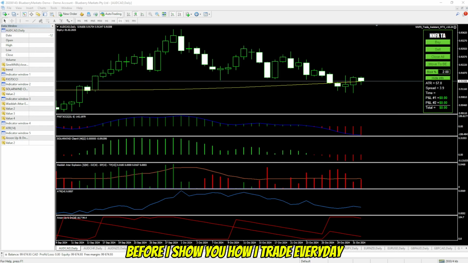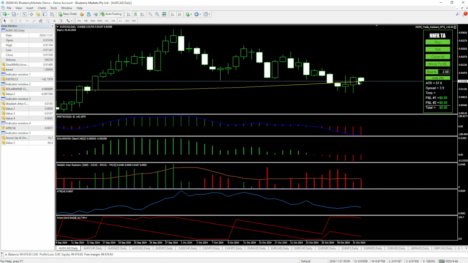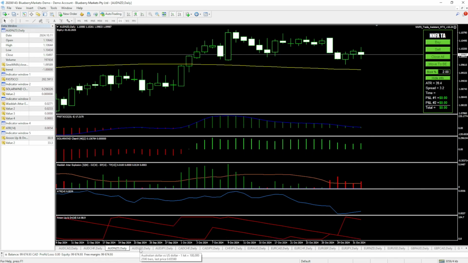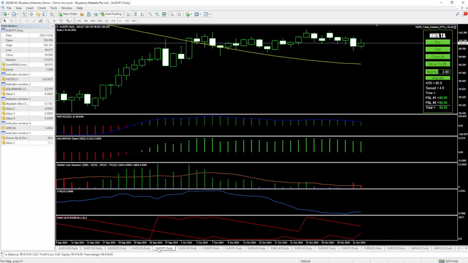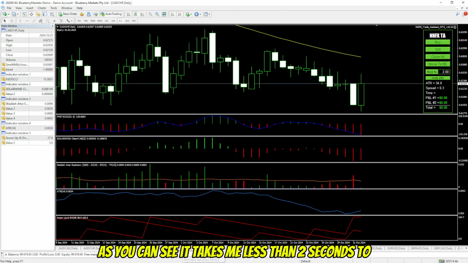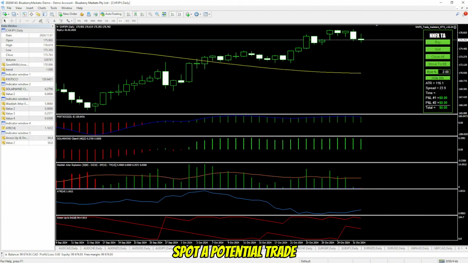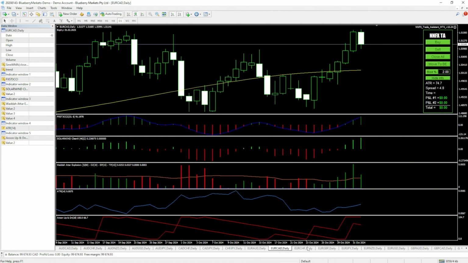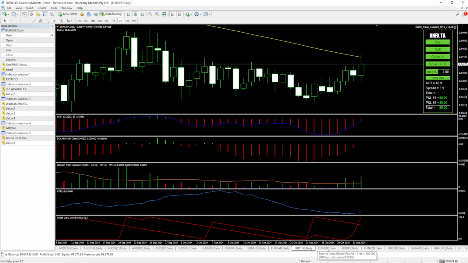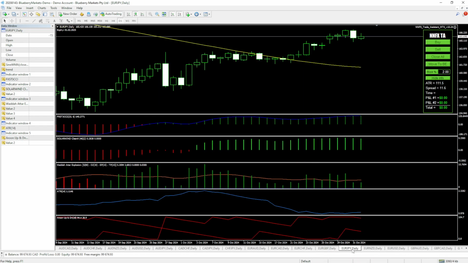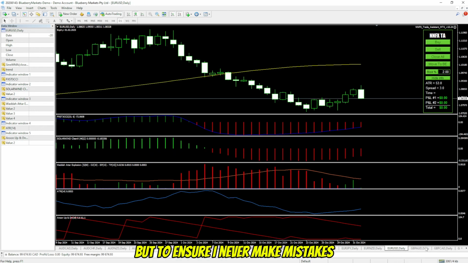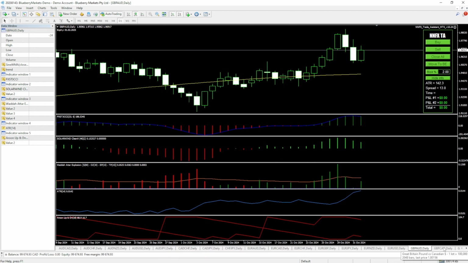Before I show you how I trade every day, let me add some music to keep things less awkward. As you can see, it takes me less than 2 seconds to spot a potential trade. My goal isn't to be fast, but to ensure I never make mistakes.